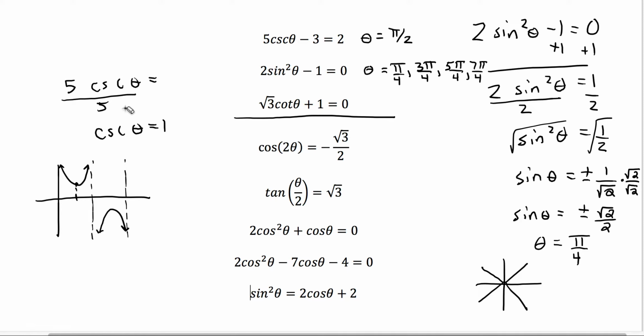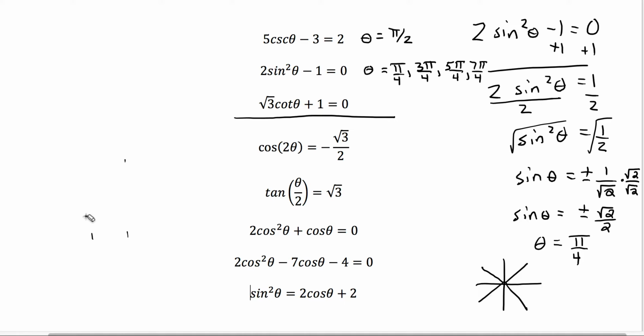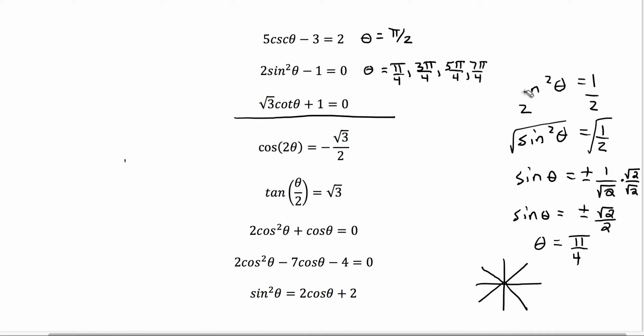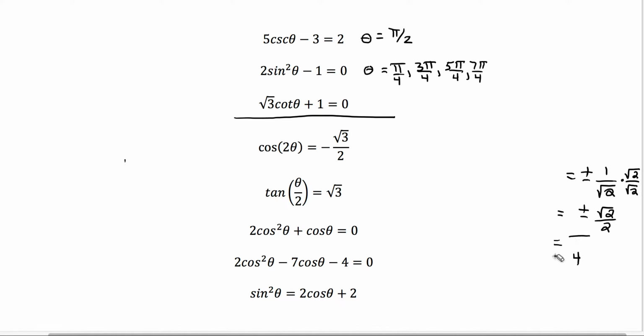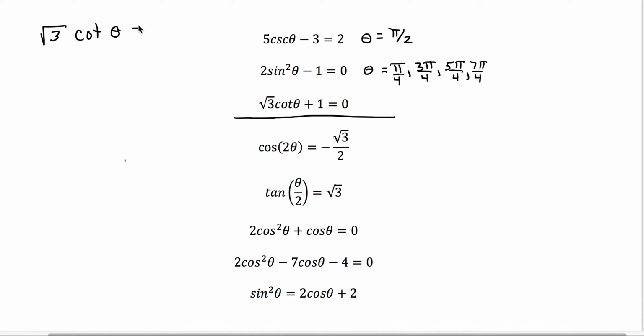And then the last one in that section is square root of 3 cotangent theta plus 1 is equal to 0. Again, we're just going to solve for the function, so we'll be solving for cotangent.